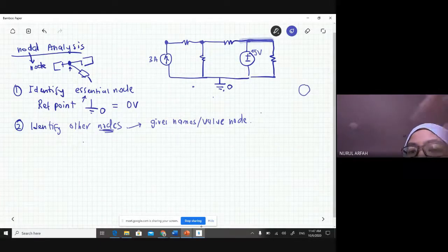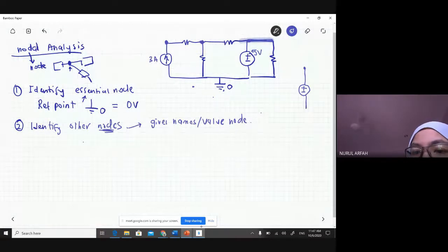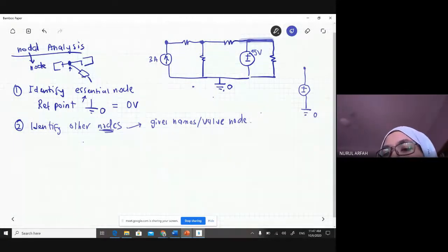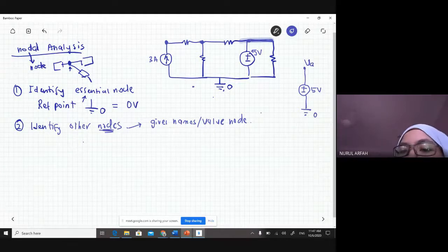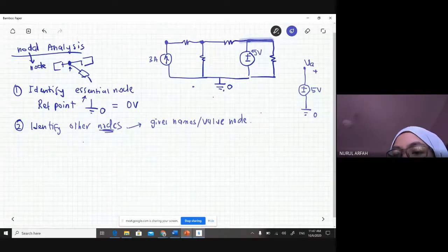Still remember this? If you have a voltage source connected like this, and then there's some ground down here, and this value is 5 volt, and this node maybe is VA. So how do you find what the value of VA is equal to? You need to subtract the lower polarity from the higher polarity, equal to the value of this voltage source.